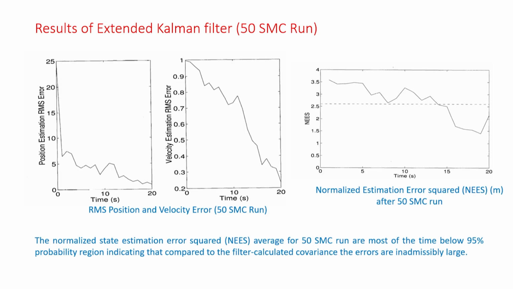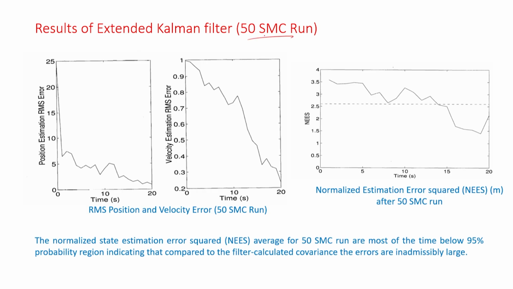Now, I took a Monte Carlo of 50 runs for this and plotted your RMS position and velocity error. You can see the velocity error is coming down, position error is also okay, but not so great, because we have seen the first blow at 1000 Monte Carlo runs.